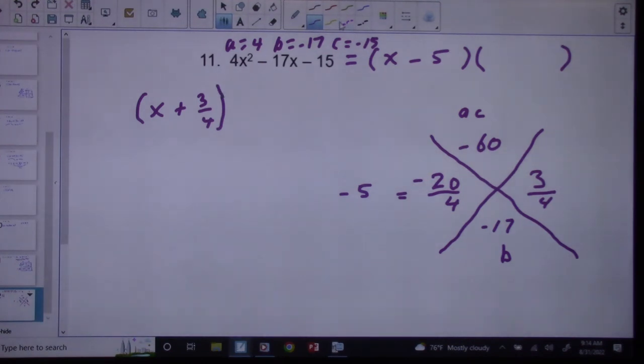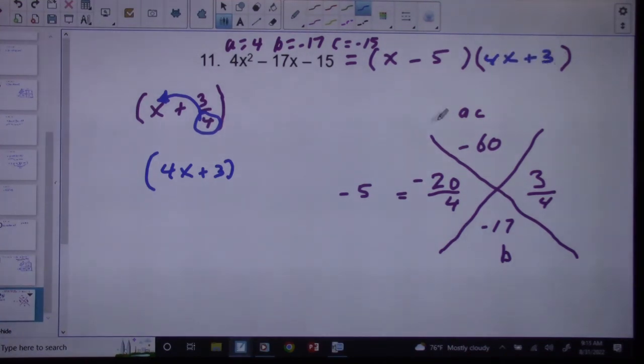In bottoms up, you're taking this 4 and bottoming it up here. So what you're going to get is 4x plus 3, and then 4x plus 3 goes here. When you work this out, you should see that you have negative 5 times 4x, that's negative 20x, and then 3 times x is 3x. So this is going to be your complete factoring.